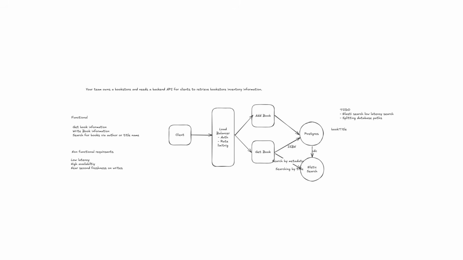So I would design this where we have book ID as the primary key, and this book ID could be the ISBN as well, if we decide to use that. Then we would have the title, the description, maybe some kind of summary about the book, the author. We could basically have all of the metadata, like the publisher.